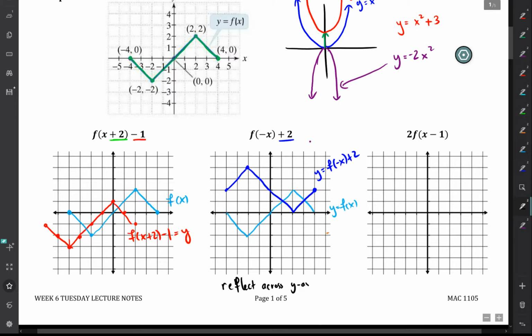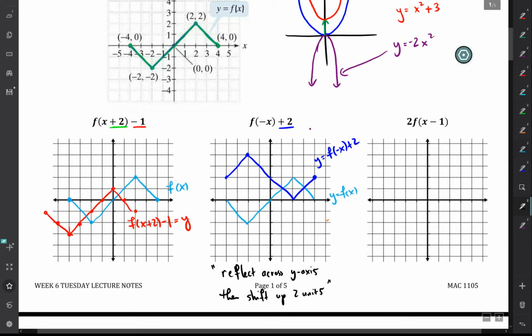So in words, I'd say the steps were reflect across the y-axis, then shift up by 2. The first graph was shift left 2 units and down 1 unit.